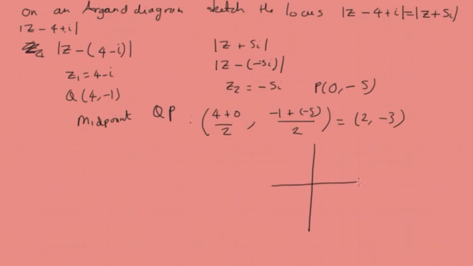So let's mark these on our diagram. So we have 1, 2, 3, 4, −1, −2, −3, −4, and −5. So our point Q is (4, −1), so this is point Q, and R is (0, −5), so this is point R. This is the line between them, and our midpoint is (2, −3), so about here.